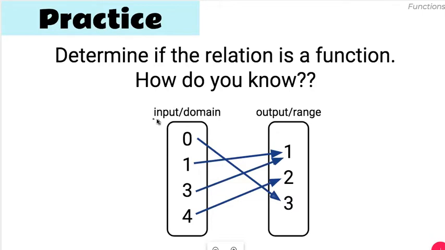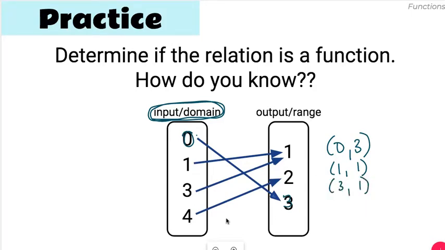These are our first elements, and the first element cannot repeat. So what's happening with the mapping is it's saying 0 belongs with 3. So if I were to write an ordered pair, it would be 0, 3. This ordered pair would be 1, 1. This ordered pair would be 3, 1. This ordered pair would be 4, 2.